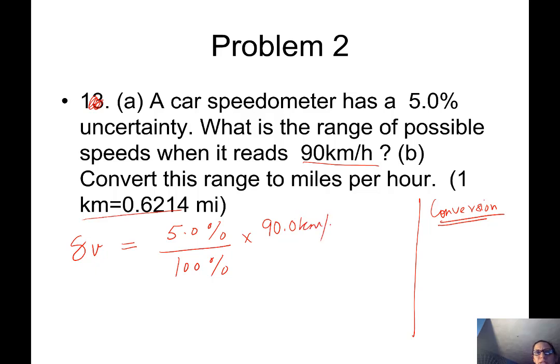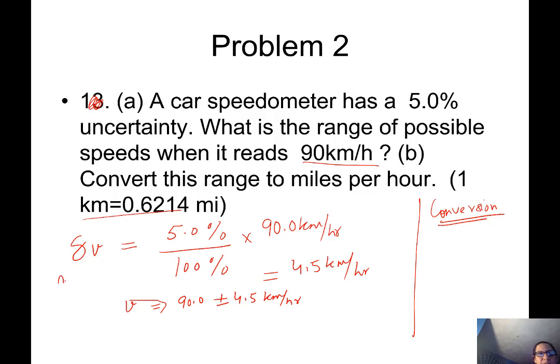When I work on it, I get the uncertainty equivalent to 4.5 kilometers per hour. So the speed is 90.0 plus minus 4.5 kilometers per hour. So it can be 85.5 to 94.5 kilometers per hour.